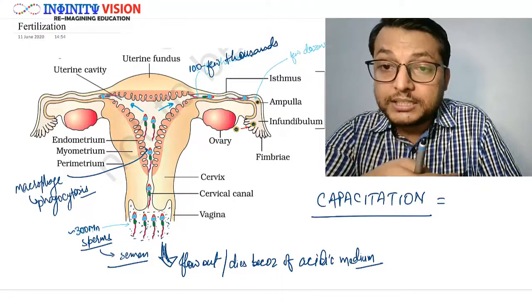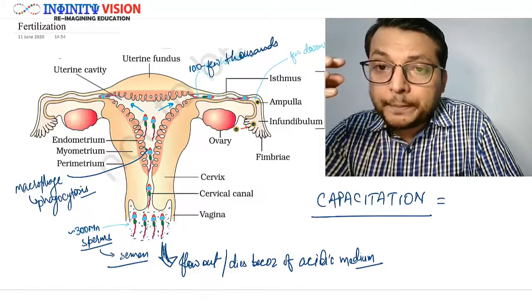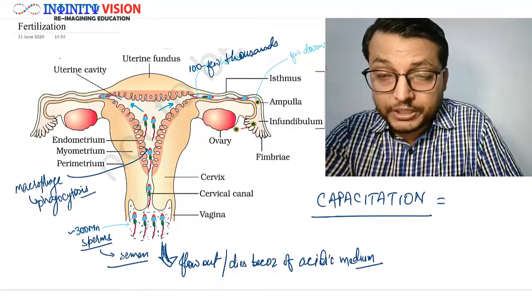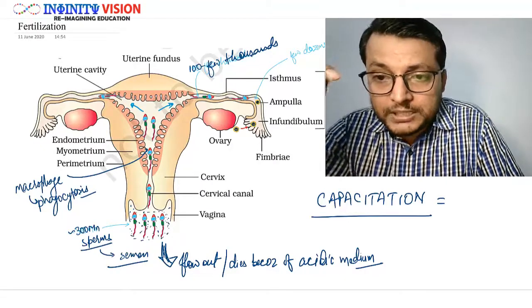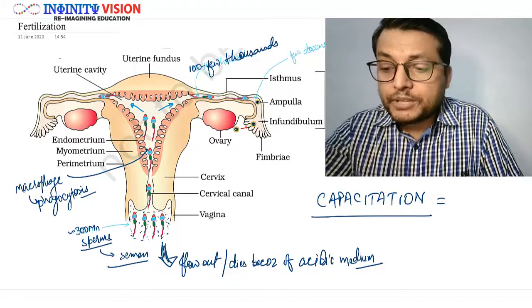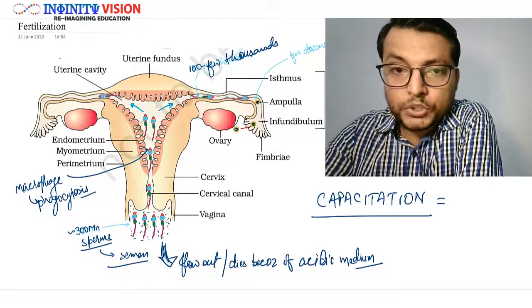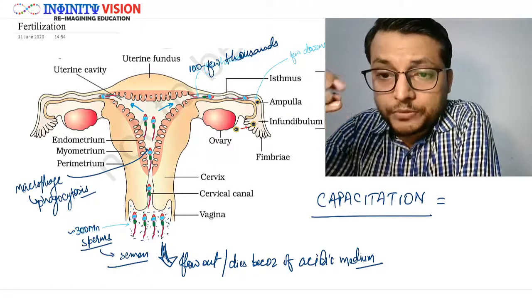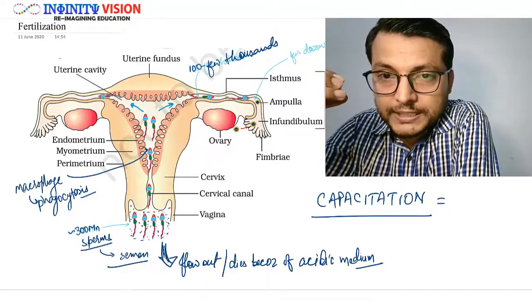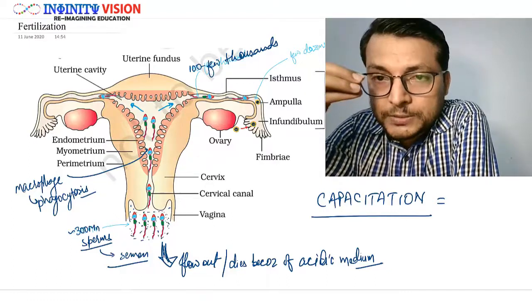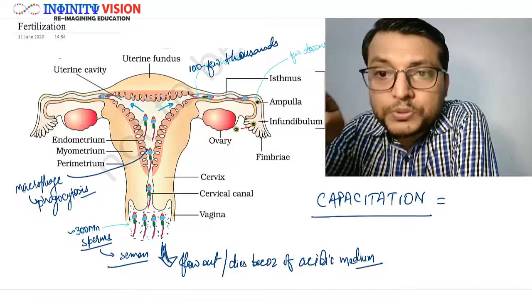As a result, the sperm becomes hyperactive, both in terms of its swimming speed as well as its vigor. So these sperms now swim harder and faster. Great. Now finally these few thousands of sperms are swimming into the fallopian tube.